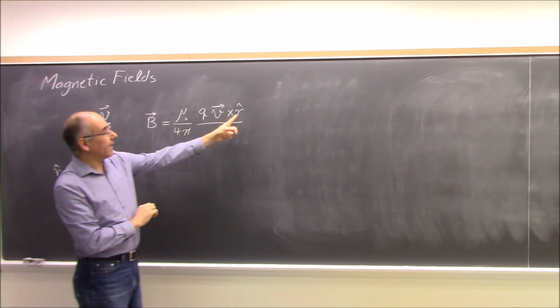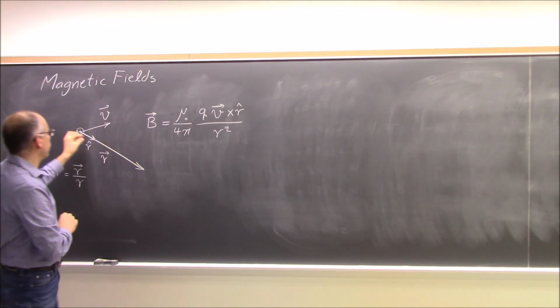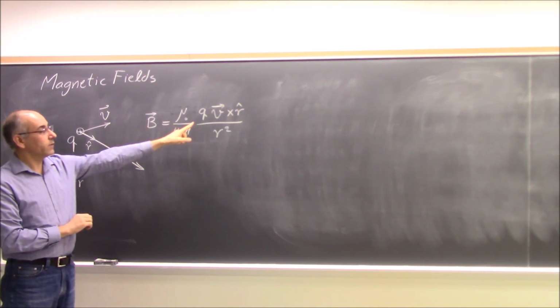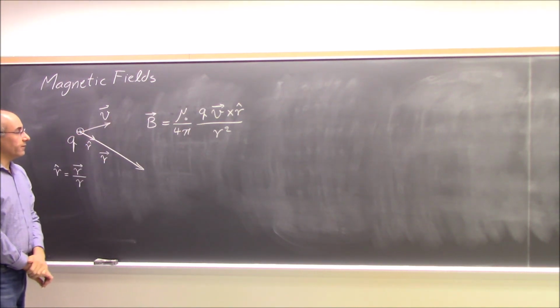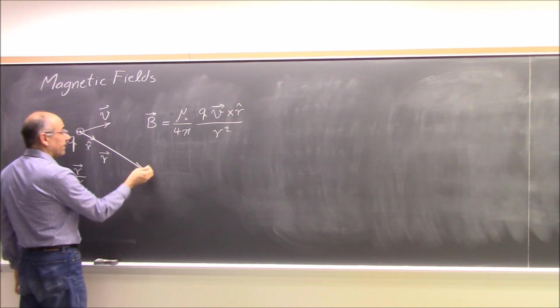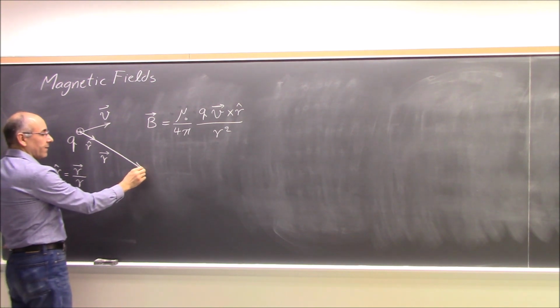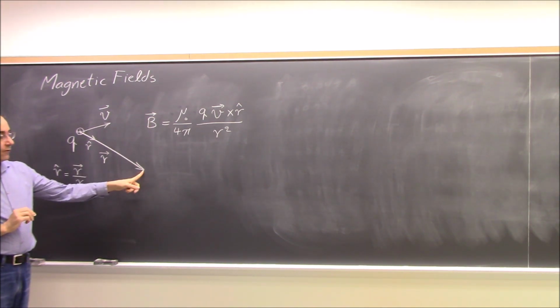So this is r hat, and this is the velocity of the charge. The charge is positive, it's moving in that direction. Of course, this formula works if the charge is negative, but for now, consider the charge as positive. At any point around the charge that's moving, there's a magnetic field that's given by this formula. So what direction do you think the magnetic field is at this point?